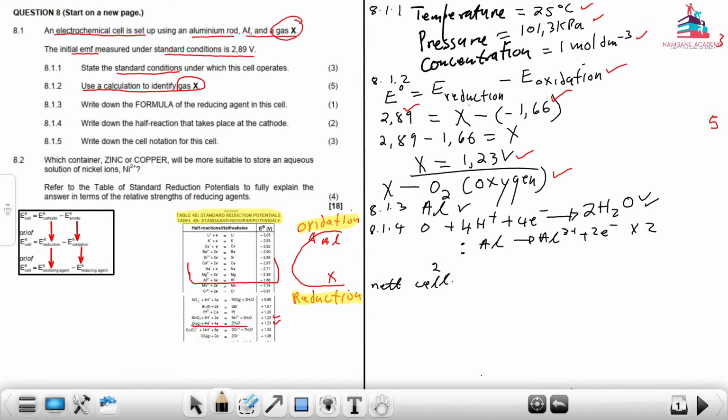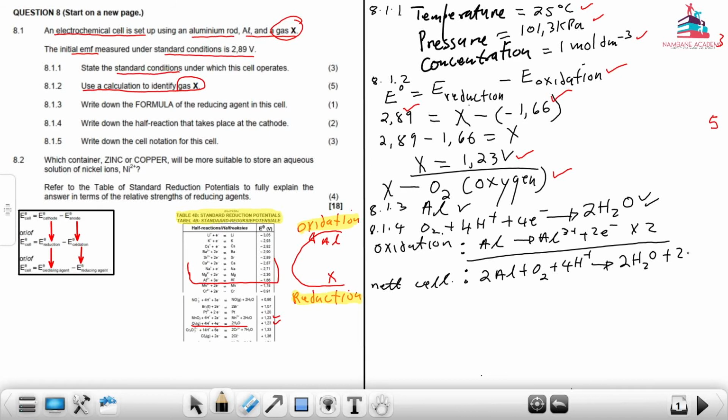And then we say this one is our oxidation half cell. Then the net cell will be easy. Then I'm going to have 4 aluminium plus 3 O2 plus 12H plus, that will give me 6H2O plus 4 aluminium 3 plus.